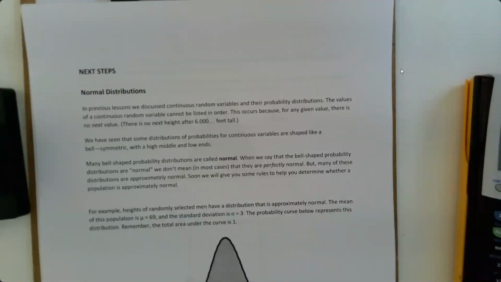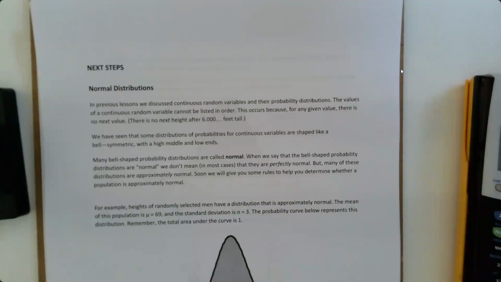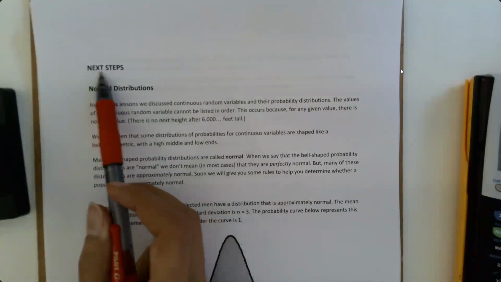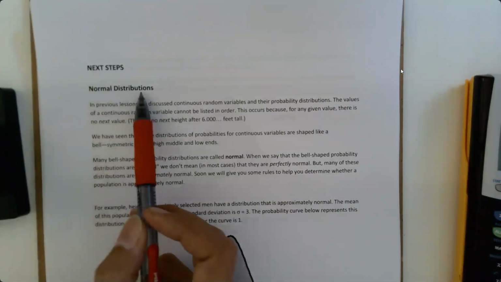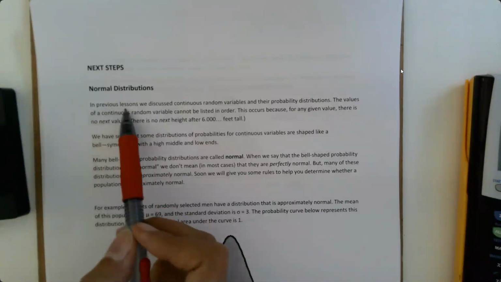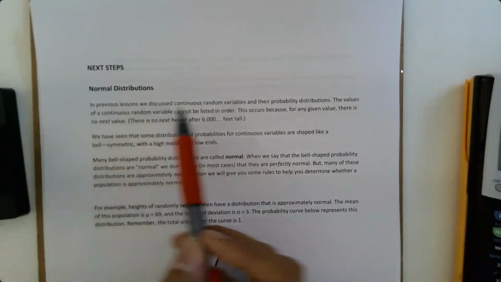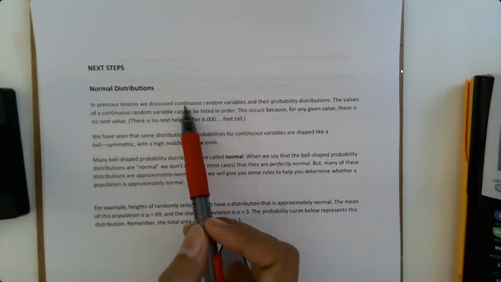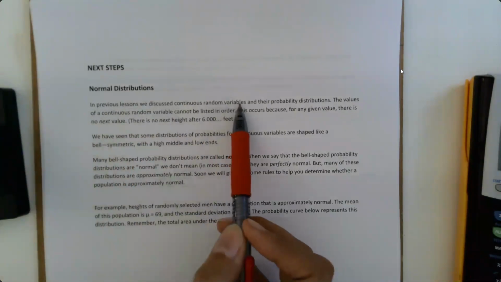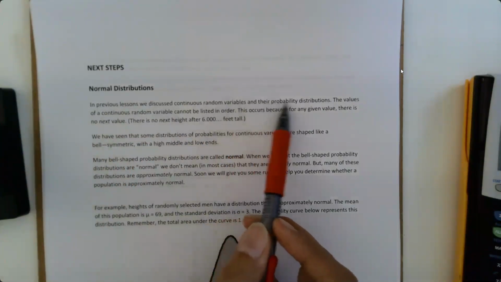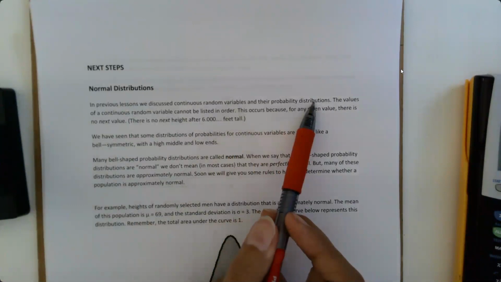So let us officially talk about a normal distribution. Next steps, normal distributions. In previous lessons, we discussed continuous random variables and their probability distributions.